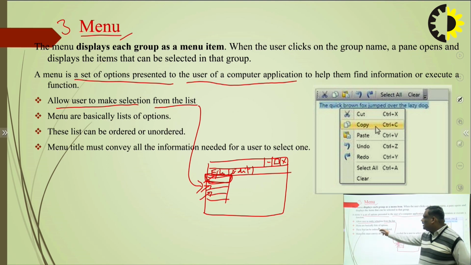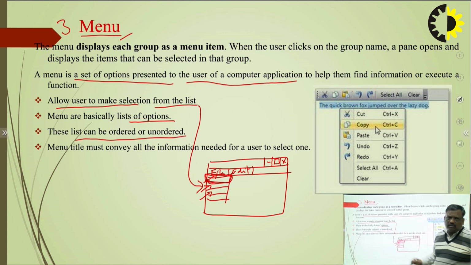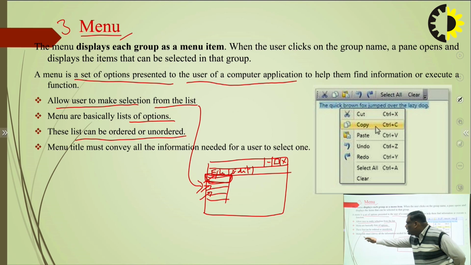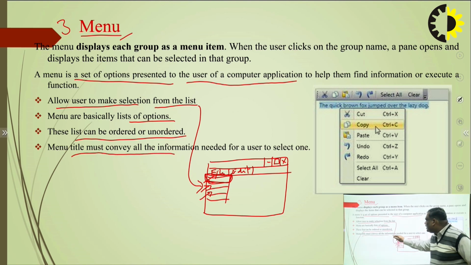Menus are basically list options. I already told you that this one is the list. These lists can be ordered or non-ordered, and this one may be ordered or non-ordered. A non-ordered list is present on our screen. The menu title must convey all the information needed for the user to select one. This one is very important.